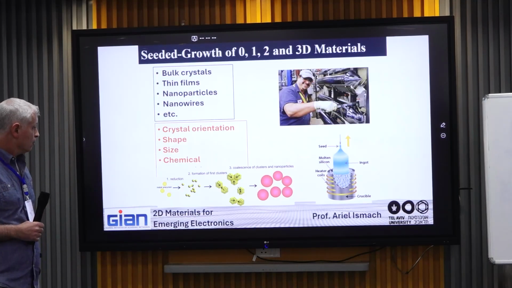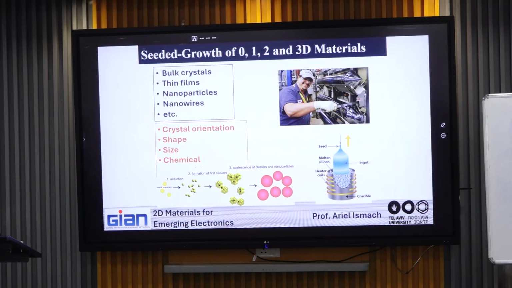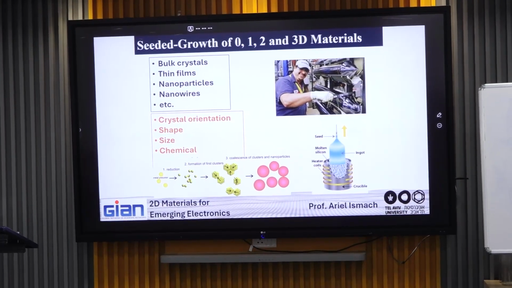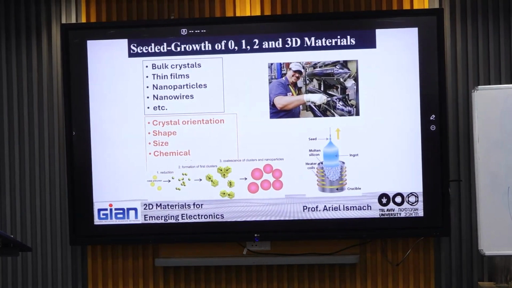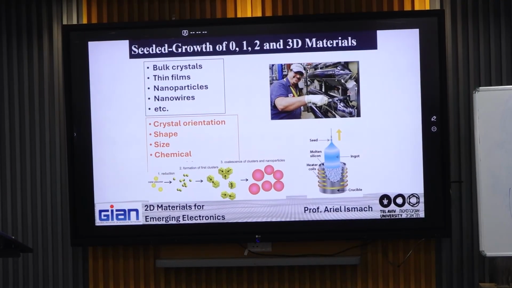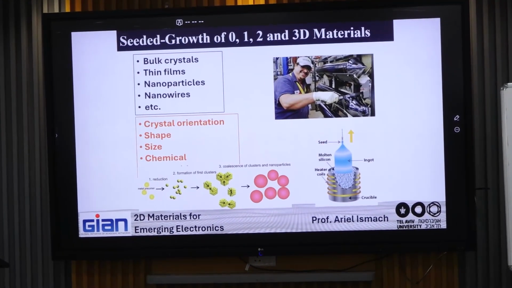So then our question was, how can you improve the seeded growth for 2D materials? By the way, seeded growth is also very popular in colloidal growth, where you grow nanoparticles in solution, right? You put some seeds, and by that you control the nucleation step and then the growth steps.